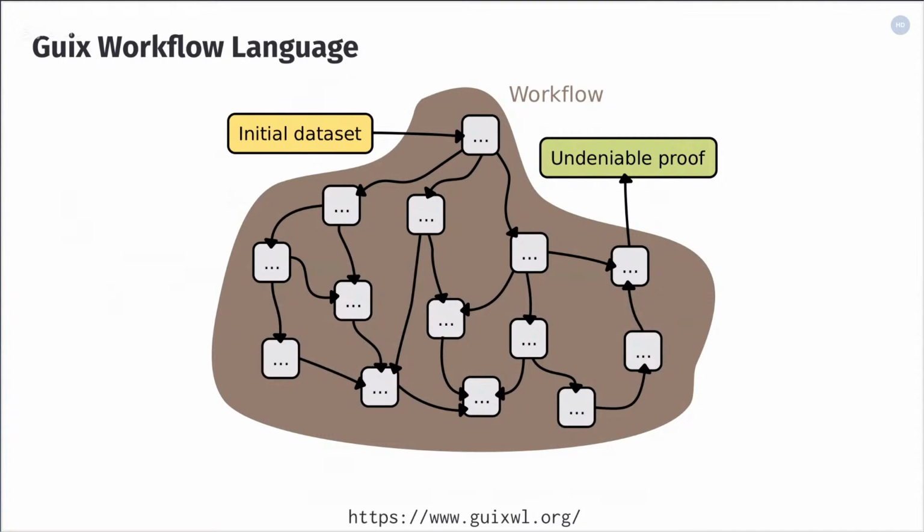And so with the GWL, you can describe a workflow, a pipeline like the one we see on this slide, where for each node, you specify the software that's being used, and that's itself a Guix recipe, a reproducible recipe. That also specifies the command that you actually run, the data that you take in, and the data that you produce. So you have a workflow language, but that's deployment aware, so to speak.